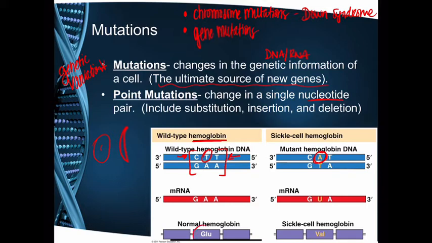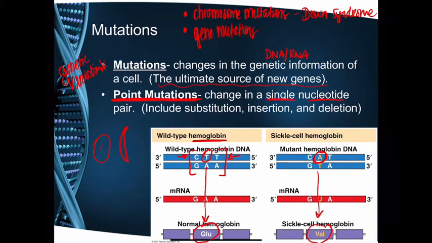And so, in the normal hemoglobin molecule, this is going to code for glutamine, and in the sickle cell hemoglobin, it's going to code for valine. So one amino acid was changed, and it's going to result in that genetic disorder, okay? And then that can be passed down to the offspring, okay? So this is an example of a point mutation.